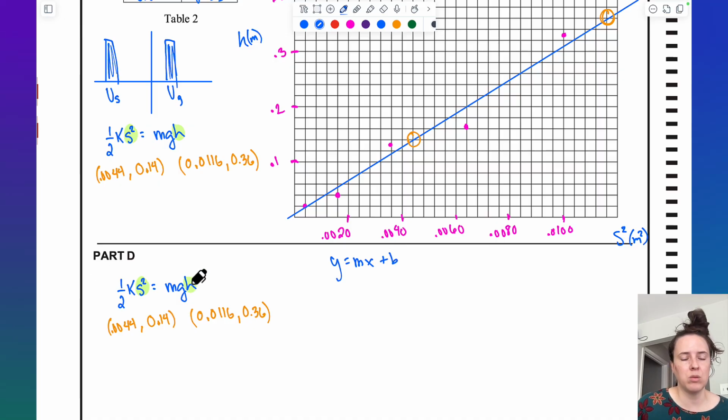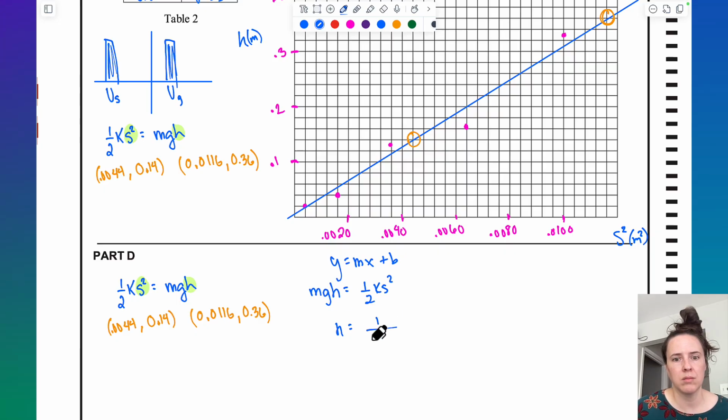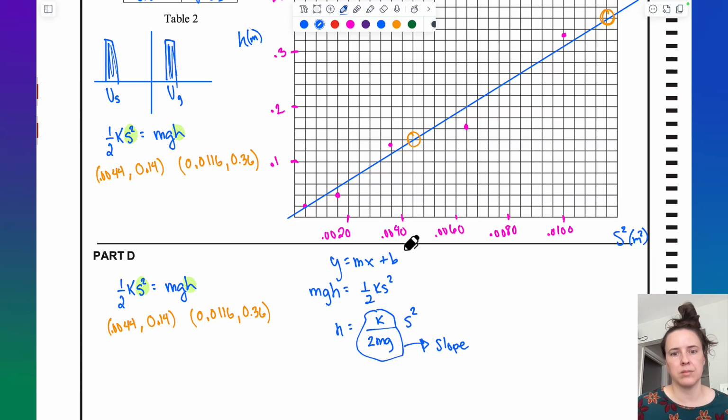So h was on my y-axis, so I'm going to put mgh equals 1/2 ks squared. I'm going to isolate my h by dividing by mg, so h equals k over 2mg times s squared. So this is going to be my slope in this case.